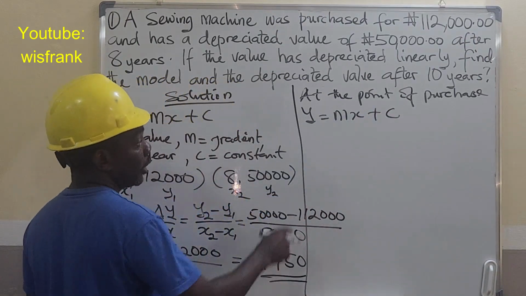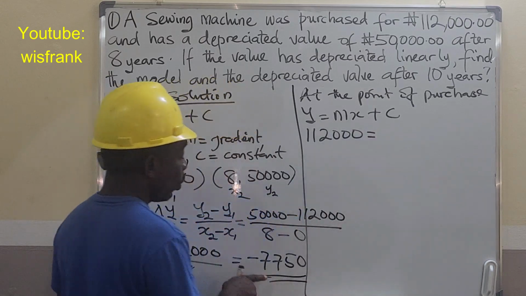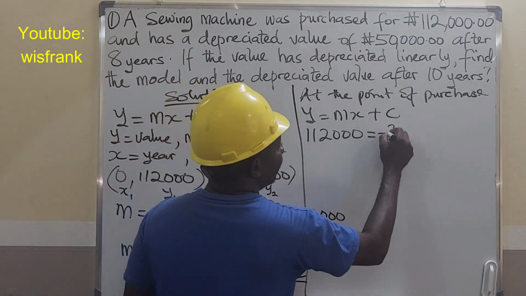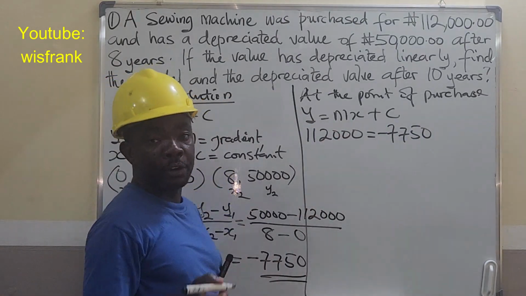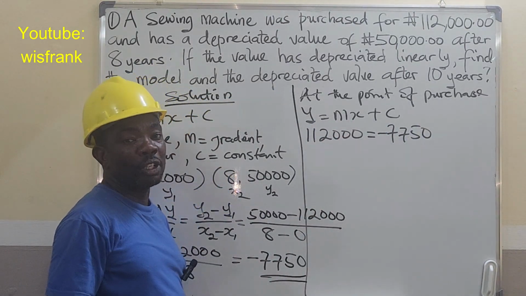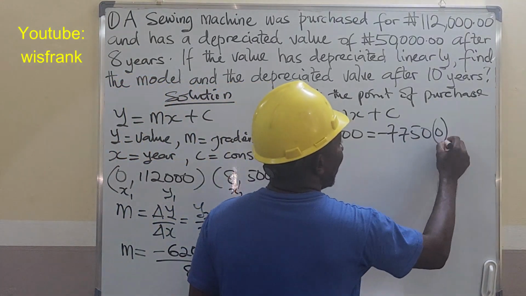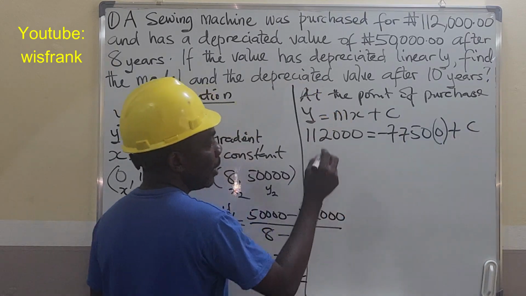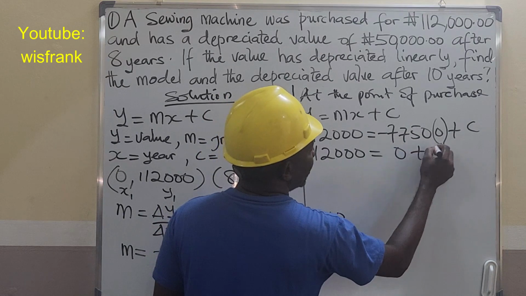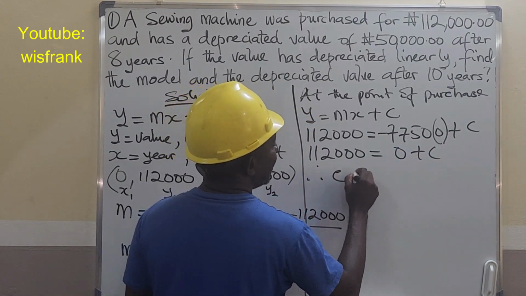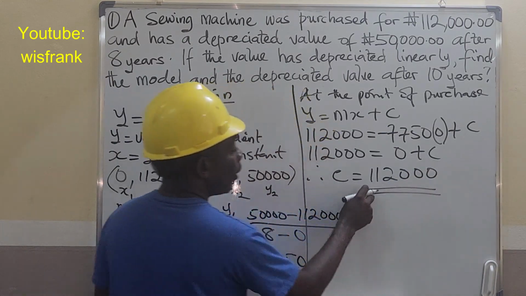At that point, our y is 112,000 equals our gradient, minus 7,750, times x, which is 0, because at that point the year has not started counting, plus c. So we have 112,000 equals 0 plus c. Therefore, our c equals 112,000. So this is the value of our c.